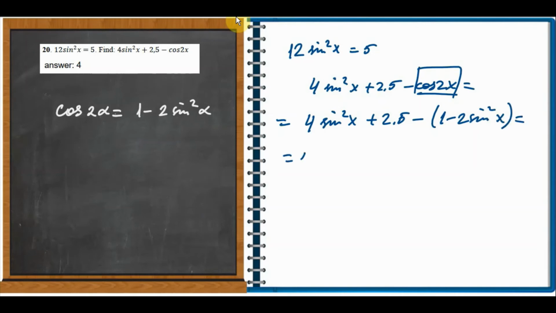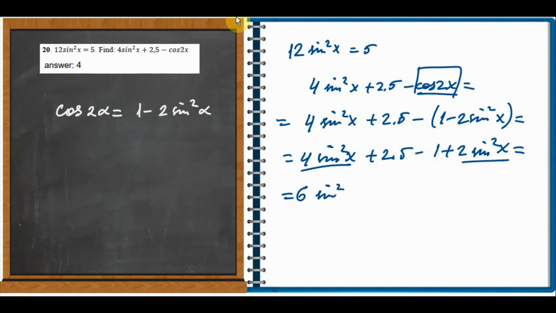Let's simplify: first expand the brackets, then collect the like terms. Now we see we have like terms. Sine squared x's will be 4 plus 2 is 6 sine squared x plus 1.5.